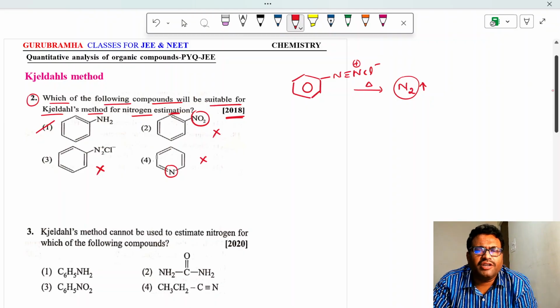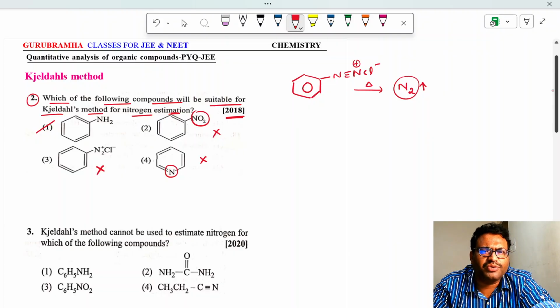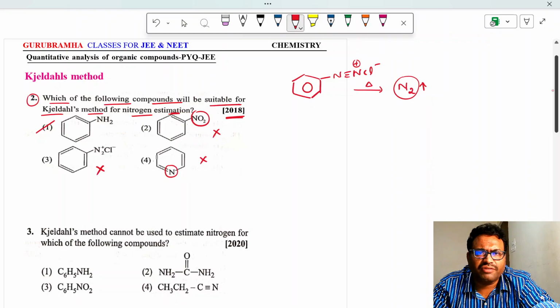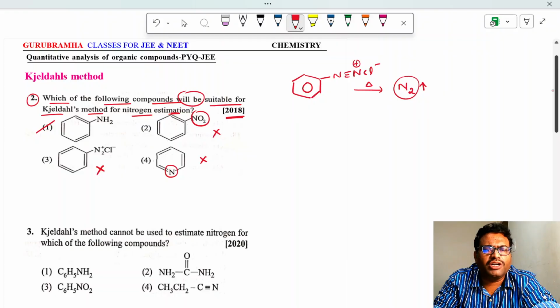Especially compounds like nitro, nitroso, nitrogen present in the rings, and diazonium or azo compounds, in these nitrogen present in the organic compound is not converted into ammonium sulfate. So the answer will be the one suitable for the Kjeldahl method.